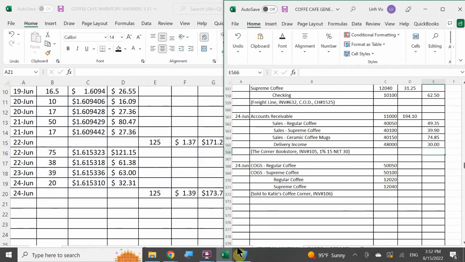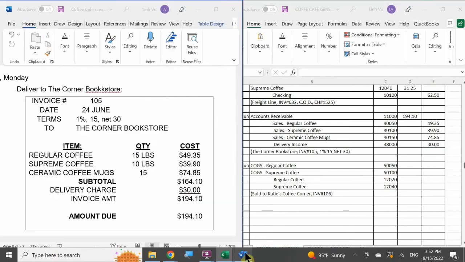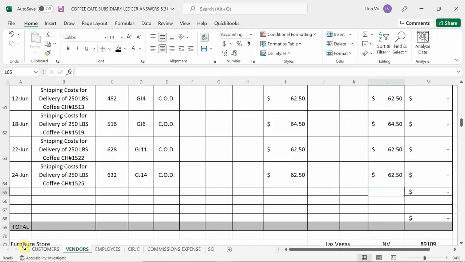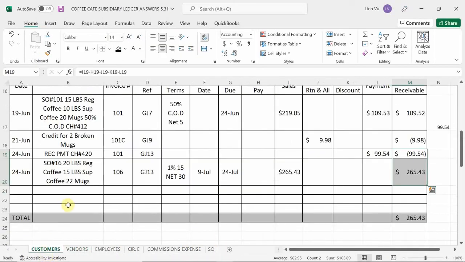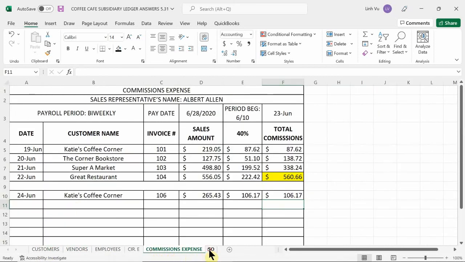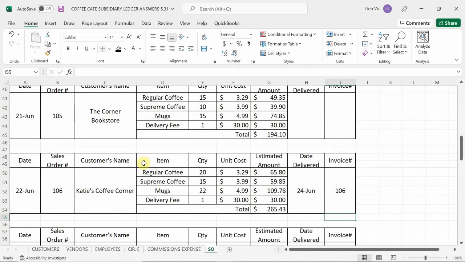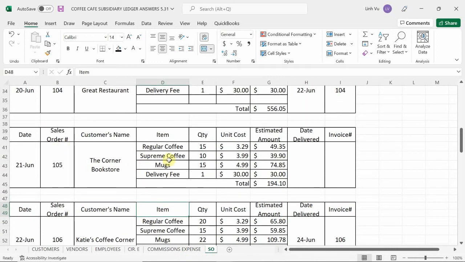So, what do I have to do? So we did the journal. We did the ledger. Yes, and then now we need to do the subsidiary ledger. First of all, I'll mark the sales order that we delivered to Corner's bookstore.